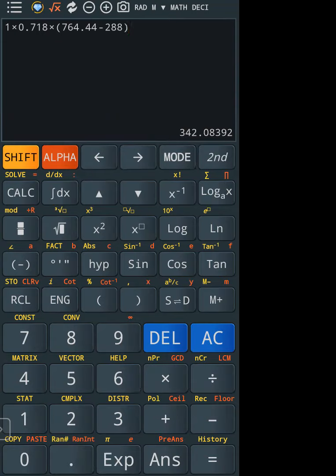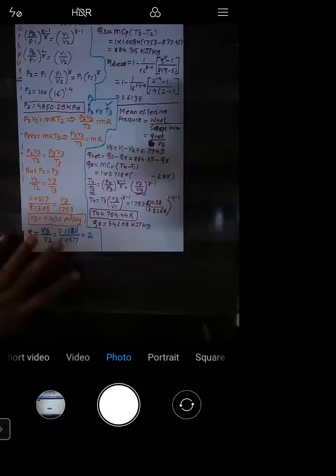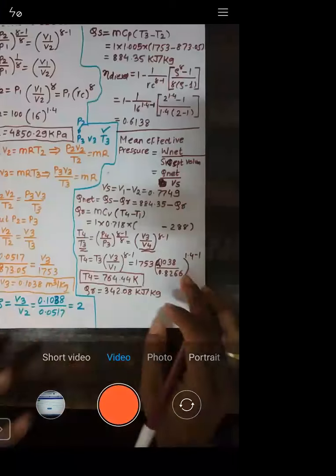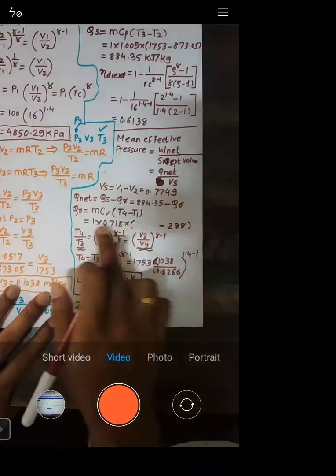So this is 342.08 kilojoule per kg. This is the amount of heat rejected, QR. We have substituted here, so we got QR.